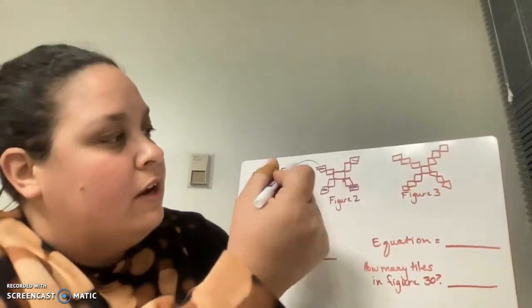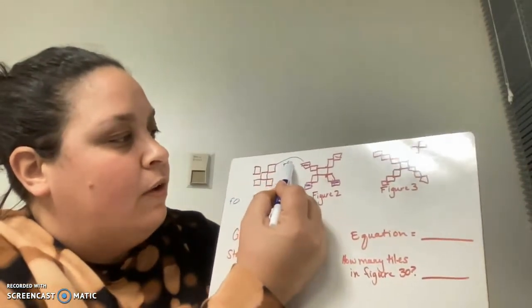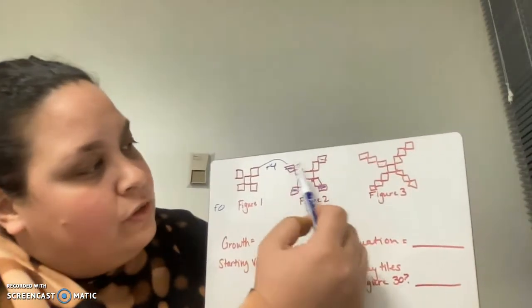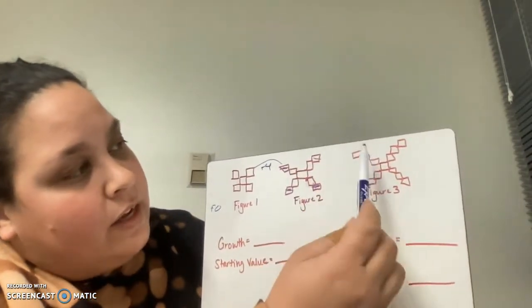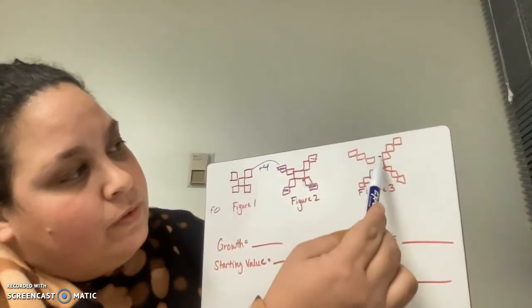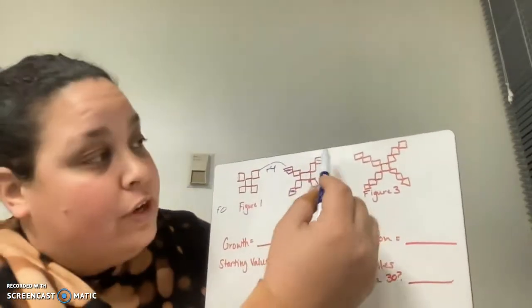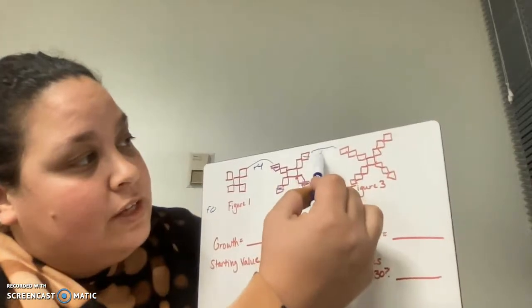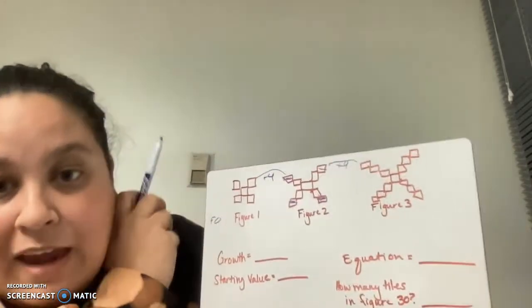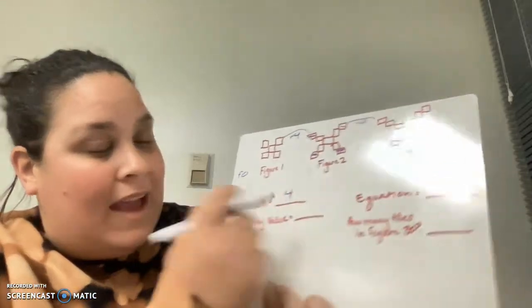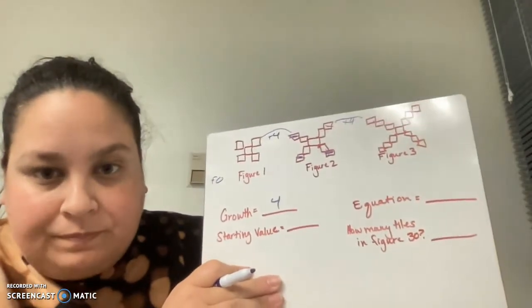So from here to here, I added 4 figures. And I can count over here again, 2, 4, 6, 8, 9. Over here I have 1, 2, 3, 4, 5, 6, 7, 8, 9, 10, 11, 12, 13. I went from 9 to 13, which means, again, I added 4 more. So right now I know that my growth is I am adding 4 every time.